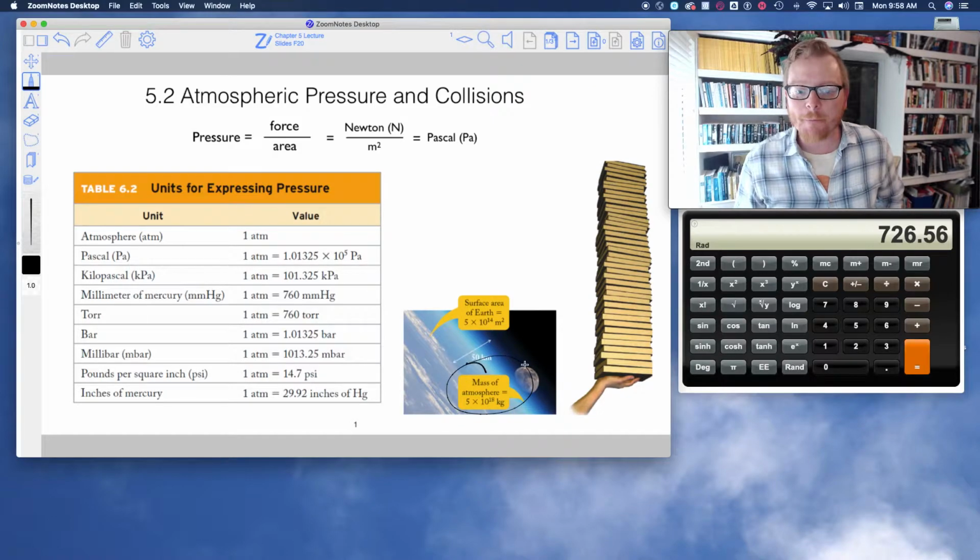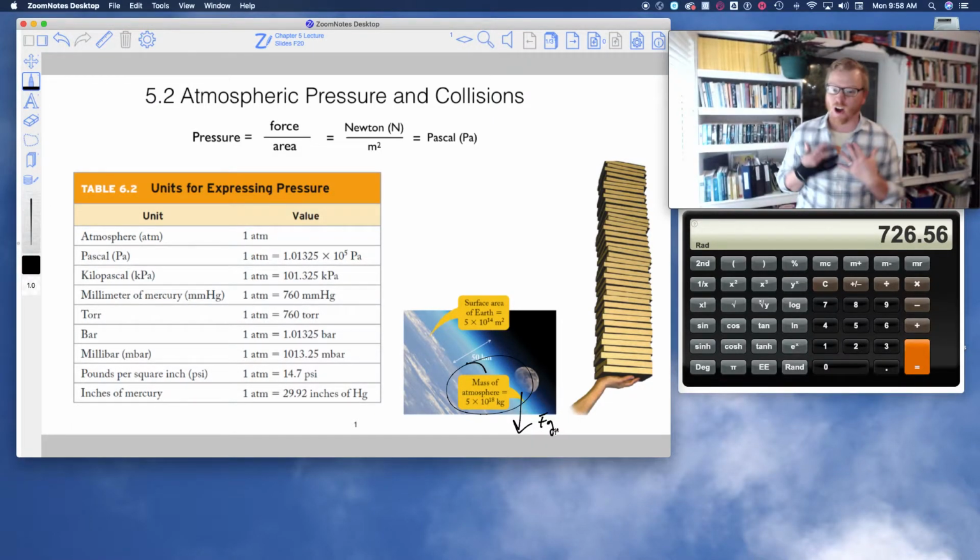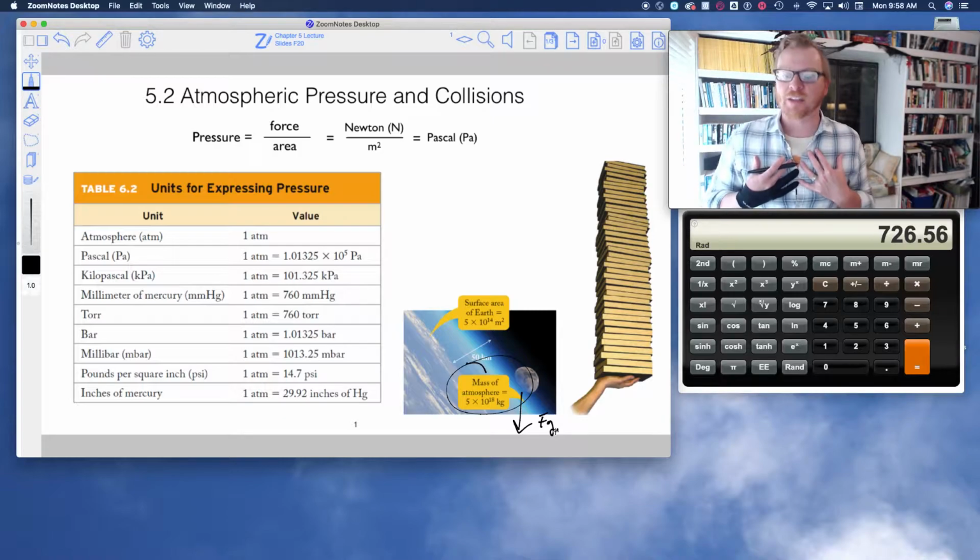This is a massive amount of force, right? Force due to gravity being exerted on us all of the time.